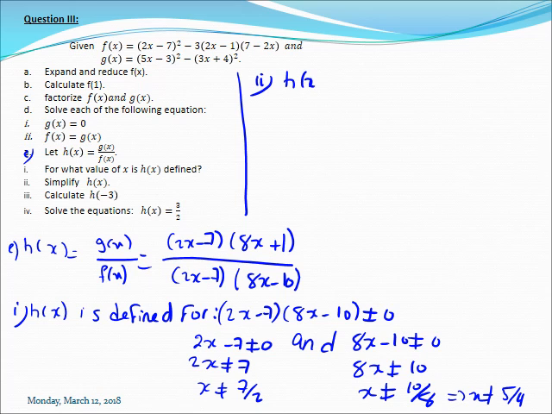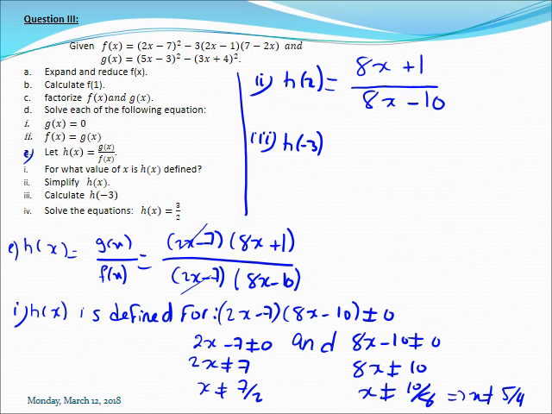Simplify h of x. To simplify h of x, cancel 2x minus 7 in the numerator and denominator: 8x plus 1 over 8x minus 10. Now, calculate h of minus 3.